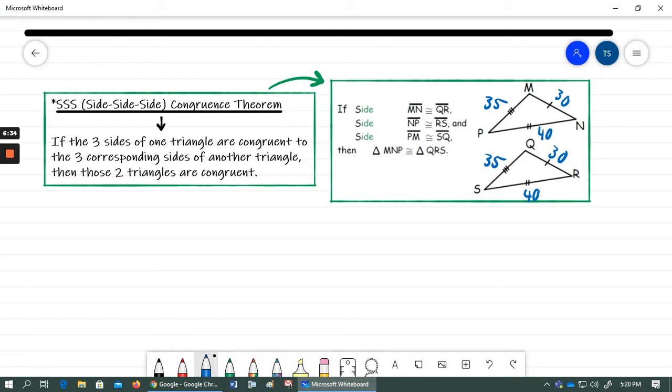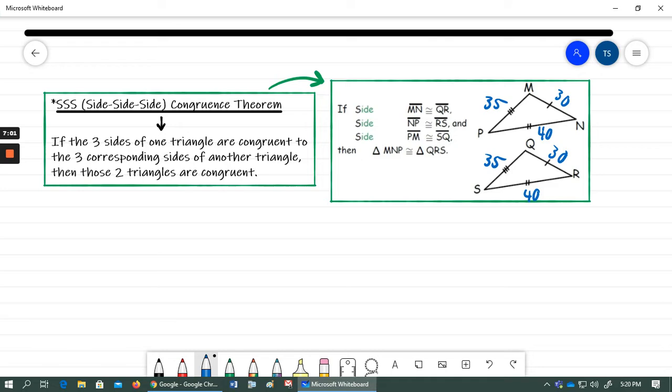2 triangles could be proven congruent to each other, so long as we could really prove that all 3 sides from one triangle were congruent to the 3 corresponding sides in the other triangle. If that's true, then we can say that these 2 triangles are congruent by the side congruence theorem.